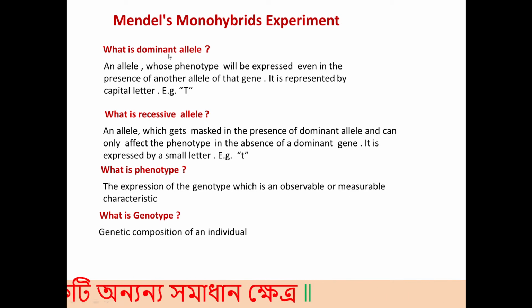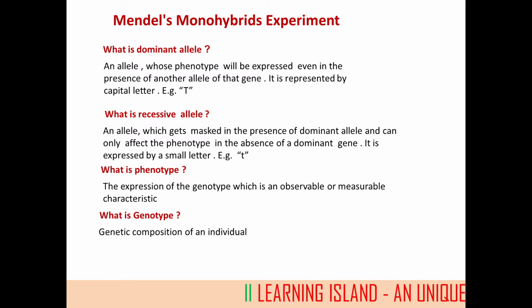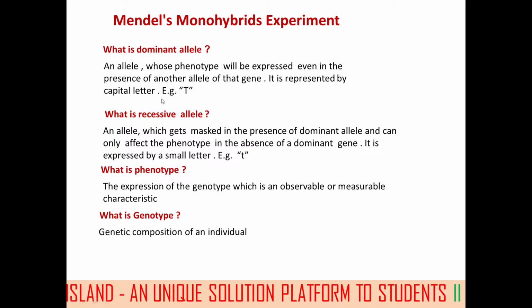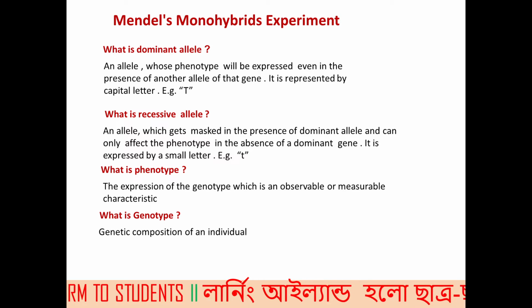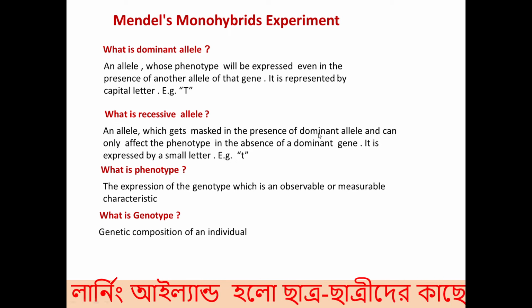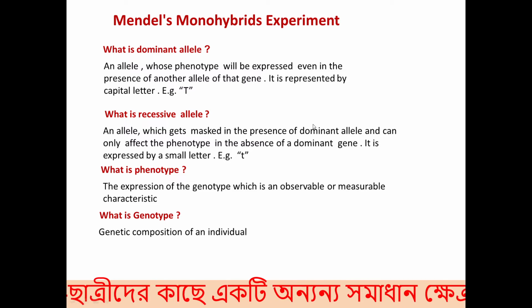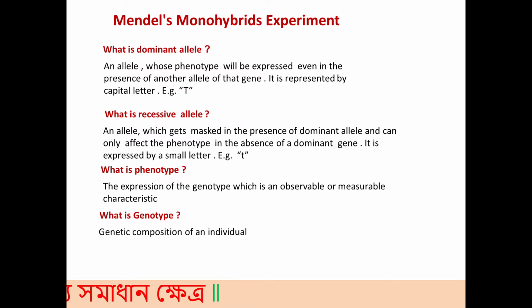So what is a dominant allele? Dominant means the characters which you can see from outside. This is the dominant, and the recessive means the characteristic which is not shown, but in the gene there is that characteristic. Suppose your grandfather has curly hair, but you or your brother do not have that kind of curly hair. What happened?